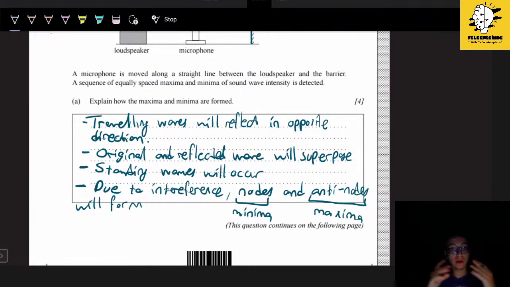Since they have all other quantities the same except for the direction, they will superpose with each other, meaning that a standing wave will be created. And due to this interference, nodes and antinodes form, meaning minima and maxima. Minima forms because of destructive interference, and maxima forms because of constructive interference. Okay, should I go on?